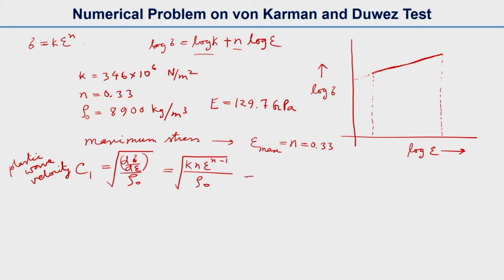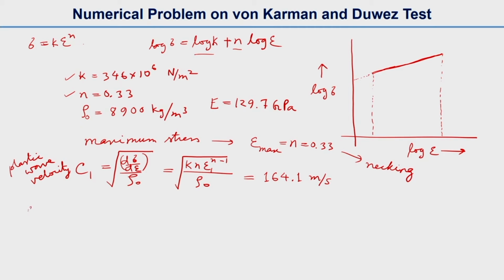Here we have k, we have n, and epsilon 1, the maximum, which we can take equal to the hardening coefficient n, because the maximum strain corresponds to the necking instability. If we do all these calculations, this gives us 164.1 meter per second. So that's the plastic wave velocity.